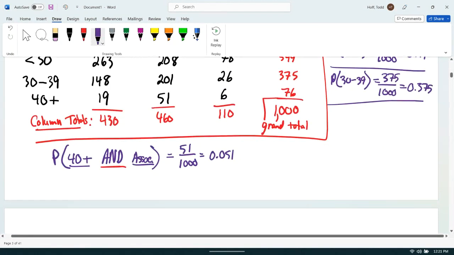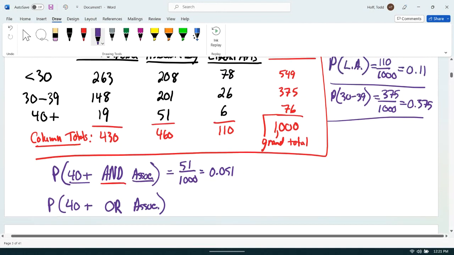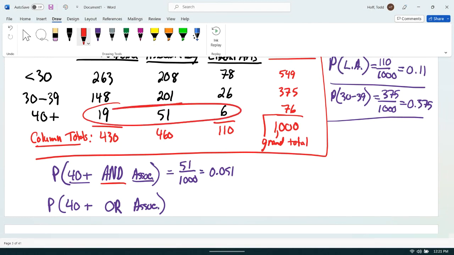We might say, what's the probability that they are 40 plus or their associate degree? Now, it's the or, it just has to meet either one of the conditions. So here are the ones that are 40 plus. Here are the associate degree. You just have to meet either one. So we're going to add those up. Be careful that we don't add the 51 in there twice. We can only add that in once.